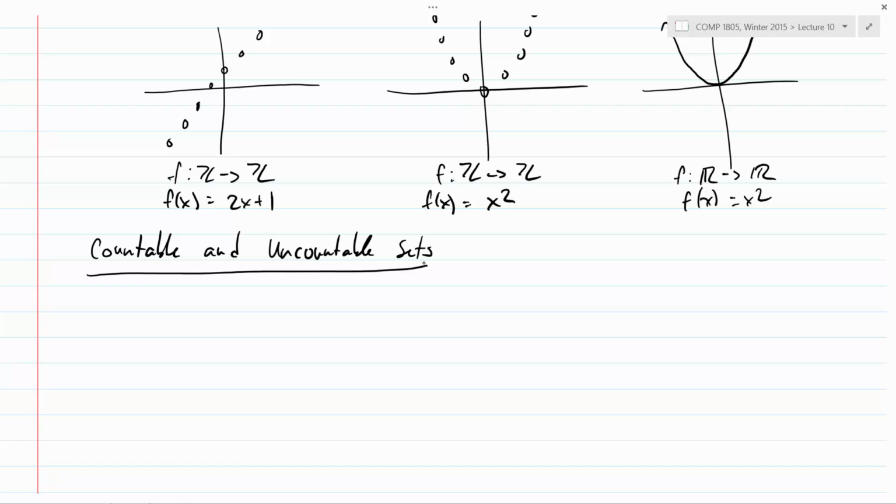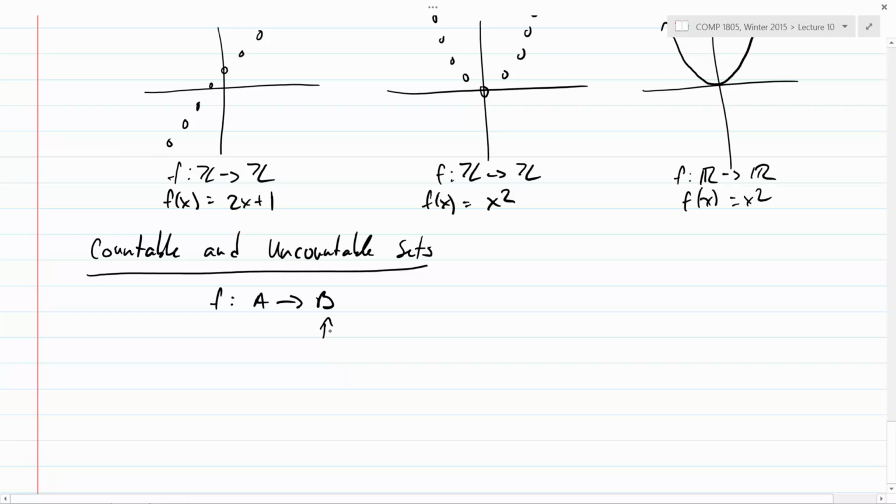Right? Let's say I have a function f that goes from A to B. What happens if the set A is smaller than B? It can't be a bijection because it can't be a surjection. Okay? What happens if the set on the right, the set B, is smaller than the set A?